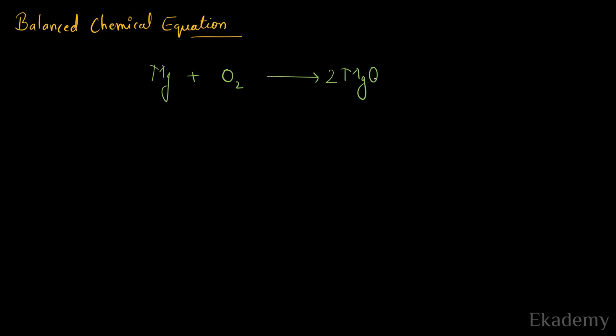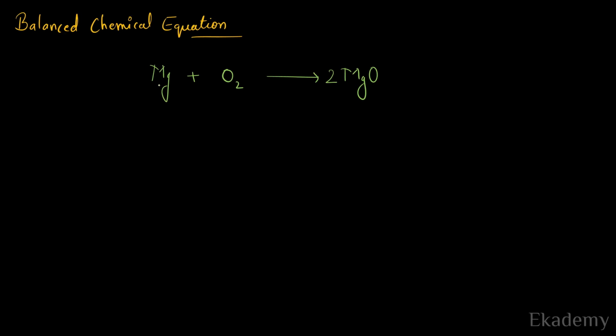So now we have two oxygen atoms in the product side, two oxygen atoms at the reactant side, but it has disturbed the number of magnesium atoms, because now we have got two magnesium atoms in the product and only one magnesium atom at the reactant side.